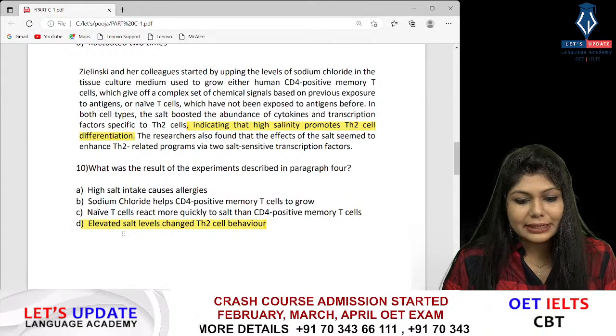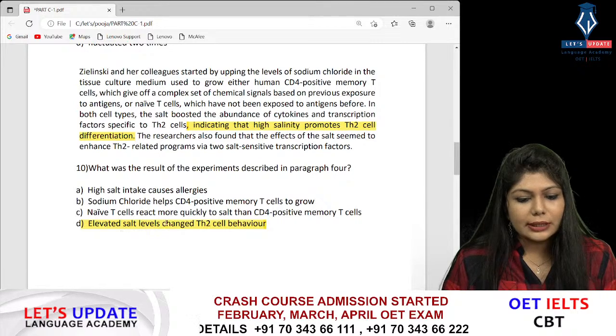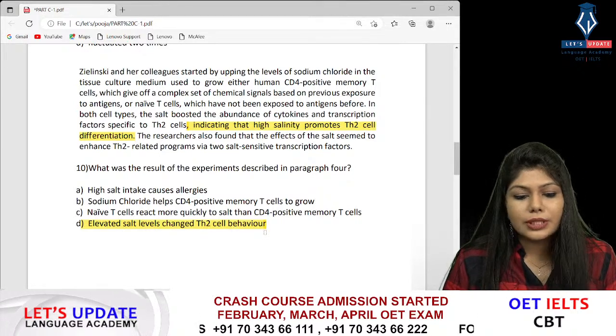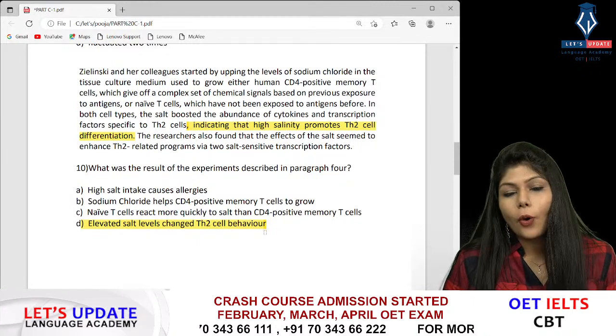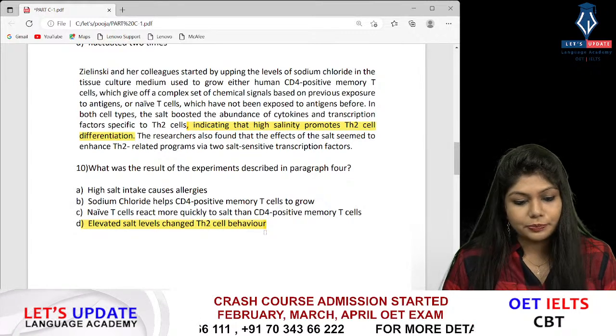Okay, that means high salinity, in the sense elevated salt levels, changed Th2 cell behavior because it promotes the differentiation. So that is why the correct answer should be option D.